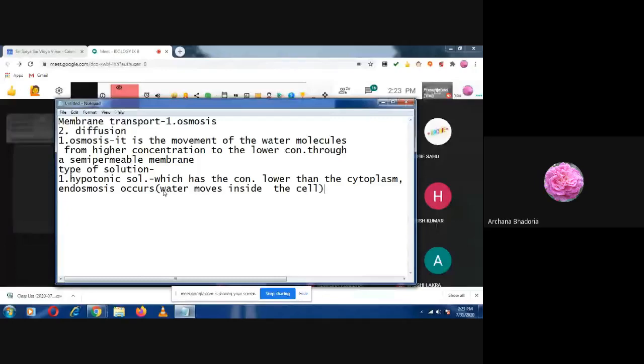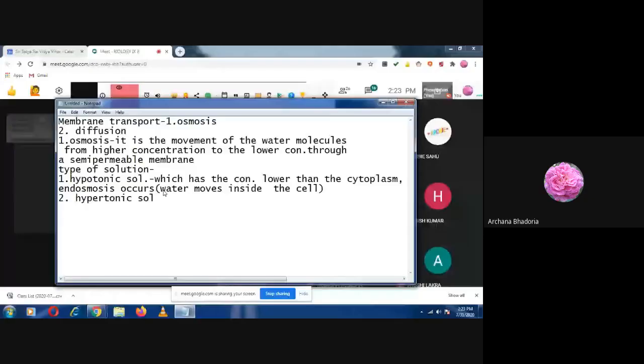Now the second solution we call hypertonic solution. In this hypertonic solution, you find that it has the concentration higher than the cell cytoplasm.